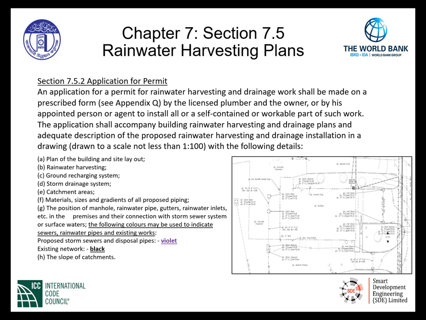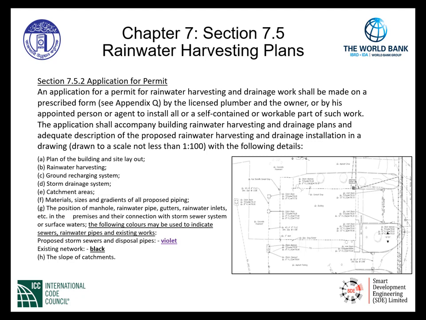Proposed storm sewers and disposal pipes may be allowed the color violet to indicate these systems. Existing network, colored black. And then finally H, the slope of catchments must be indicated on the drawings.